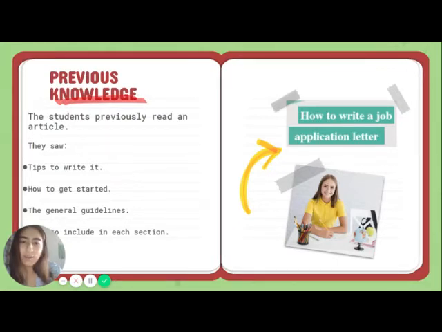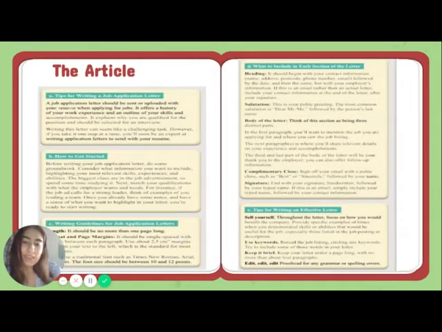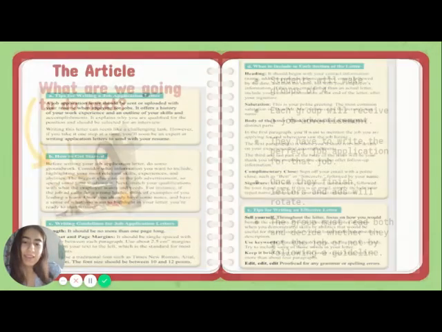So in this article, they saw tips to write it effectively, how to get started, which at times is the most difficult part, the general guidelines, and finally, what to include in each section. Here you can see the article and all of its parts, and feel free to come and take a closer look at it at any time.